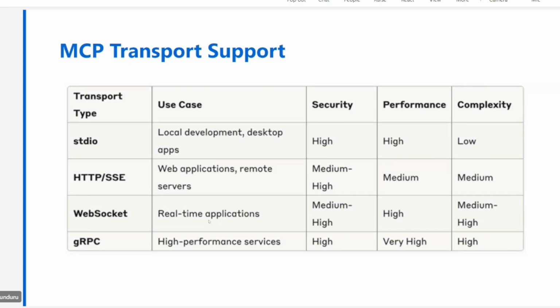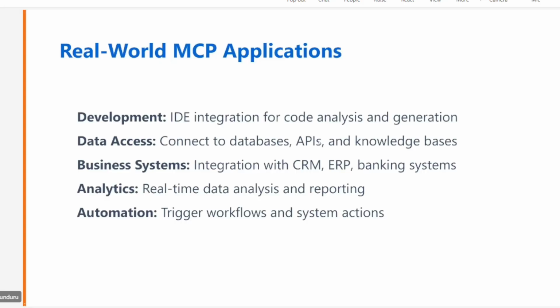WebSocket is used for real-time applications where asynchronous or bidirectional communication is required, such as video or audio transmission. gRPC is a very low latency protocol, which gives very high performance. So the choice depends on each protocol's security, performance, and complexity.